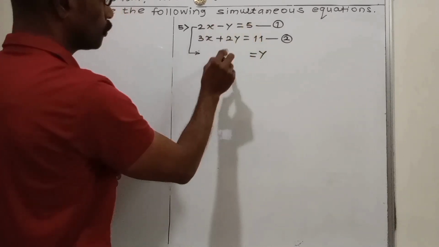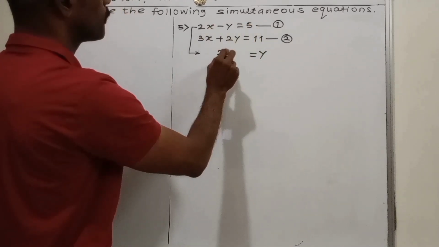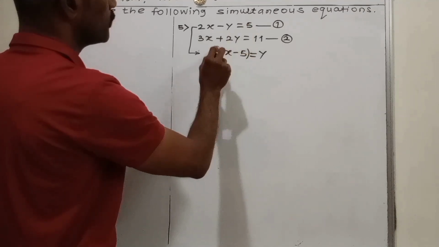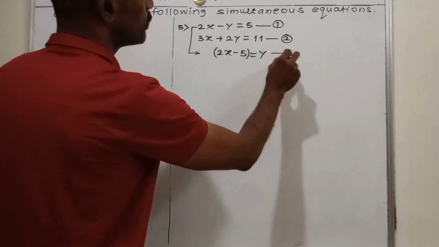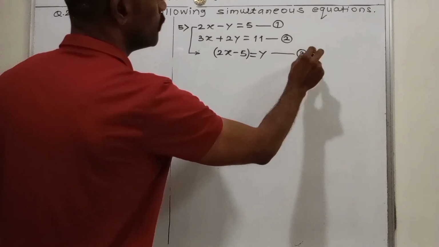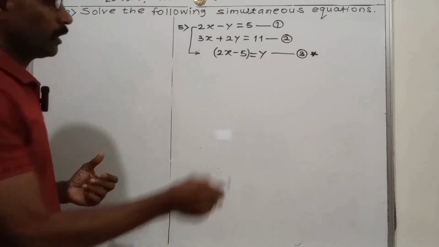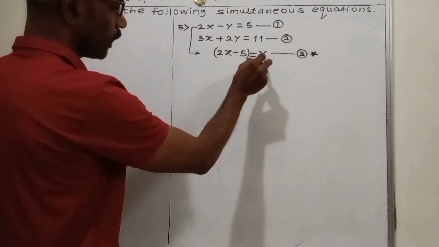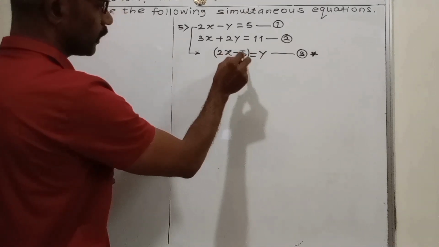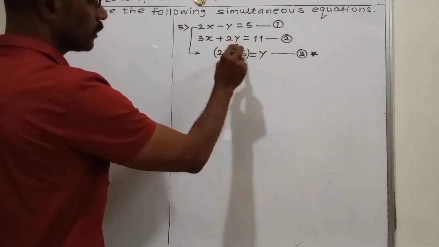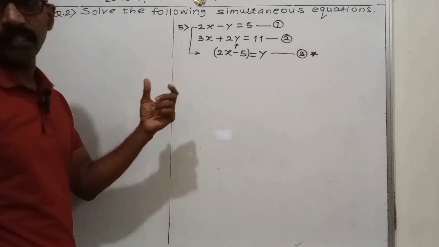And this 5 to the left side. Plus becomes minus. Did you get it? This is our new equation number 3. Now we substitute this value of y, 2x minus 5, in equation 2 at y.